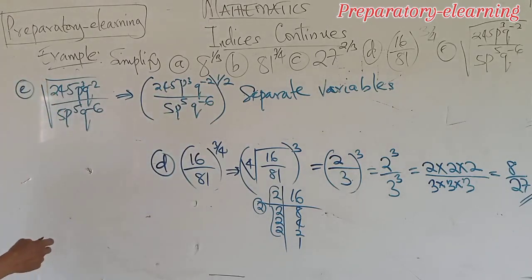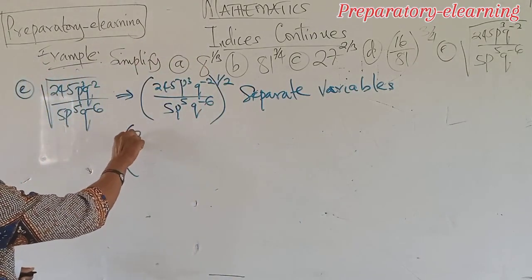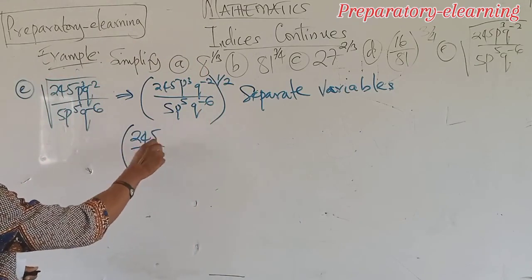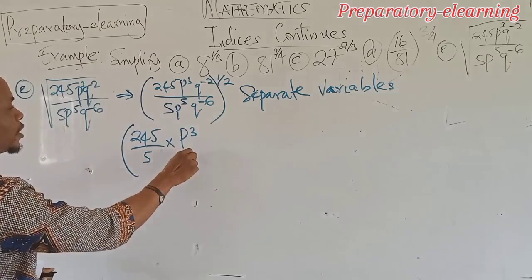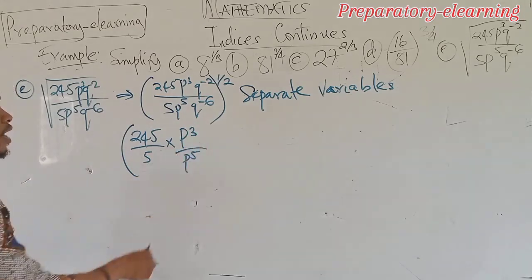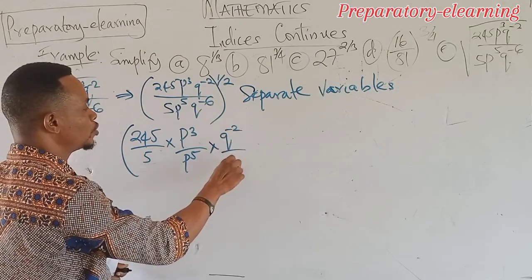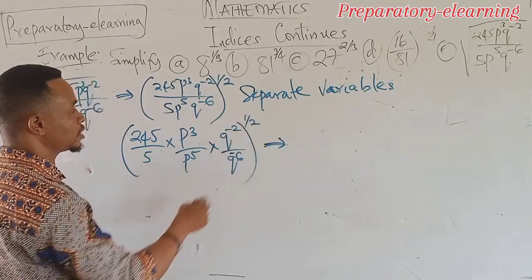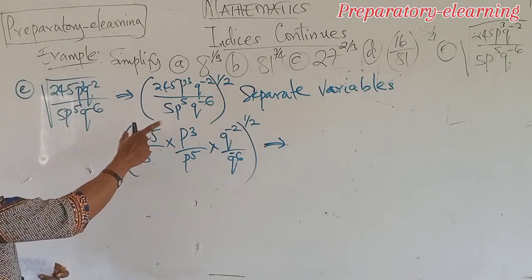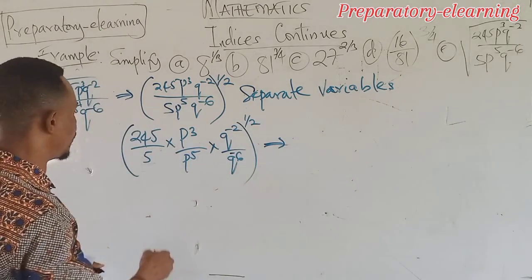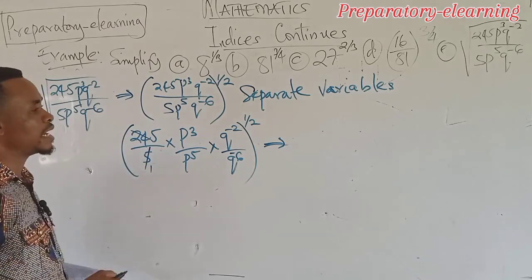We have it here. Separating the variables, we have in the bracket 245 all over 5, times p power 3 all over p power 5, times, separating the other variables, q power minus 2 all over q power minus 6. Now re-expressing this, we have 245 divided by 5. 5 goes into 24, how many times can it go?